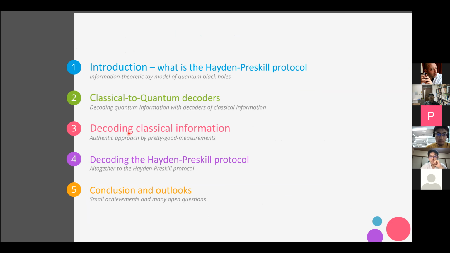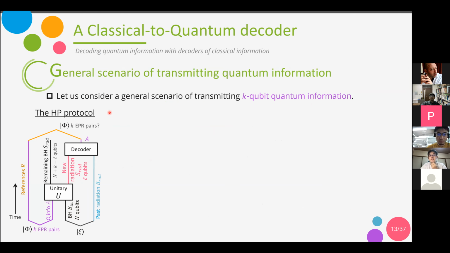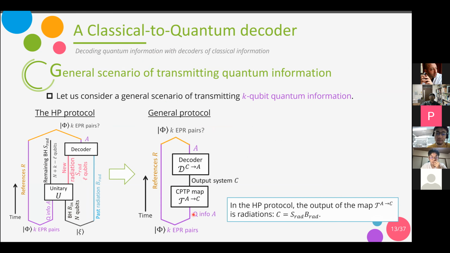Good. So let me tell you how we construct a decoder for the protocol. In the construction of a classical to quantum decoder, as I said, we don't have to stick to the Hayden Preskill protocol. So in this part of the talk, I would like to consider a general protocol, which is in general given by this form.